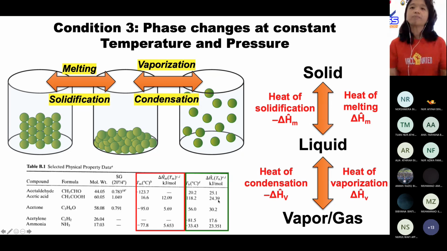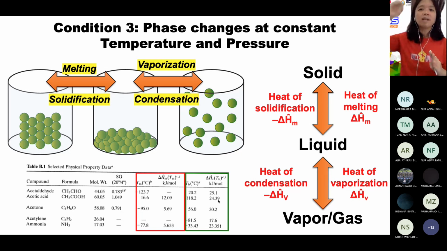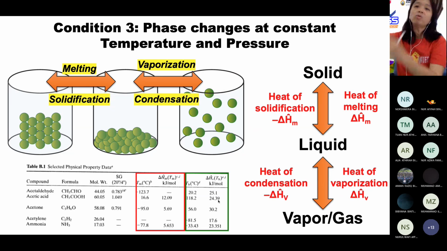Okay, terbalik juga. Katakan kamu nak condensation daripada vapor, kamu nak tukar liquid. So, kamu bayangkan dia dah vapor yang suhu tinggi, kamu bawa turun sampai boiling point, which is 118.2, dia akan bertukar menjadi liquid balik. Katakan liquid acetic acid kan. So, bila dia terbalik, kita panggil condensation kan. So heat of condensation tu adalah negative heat of vaporization.